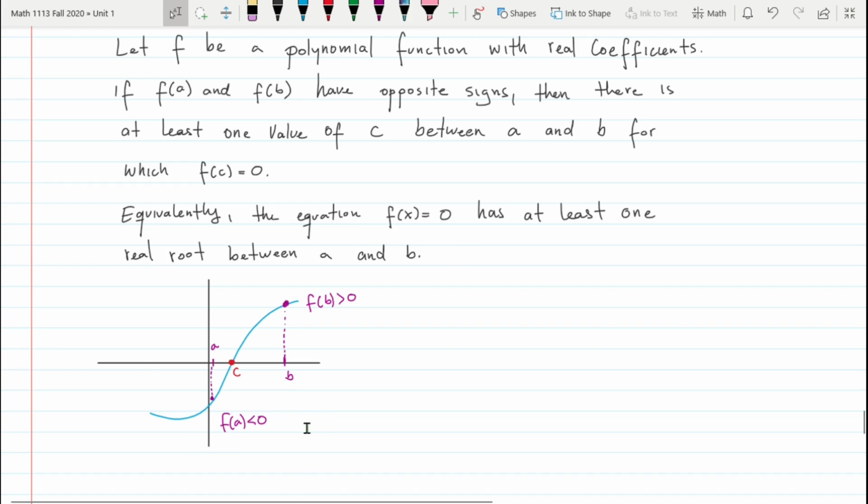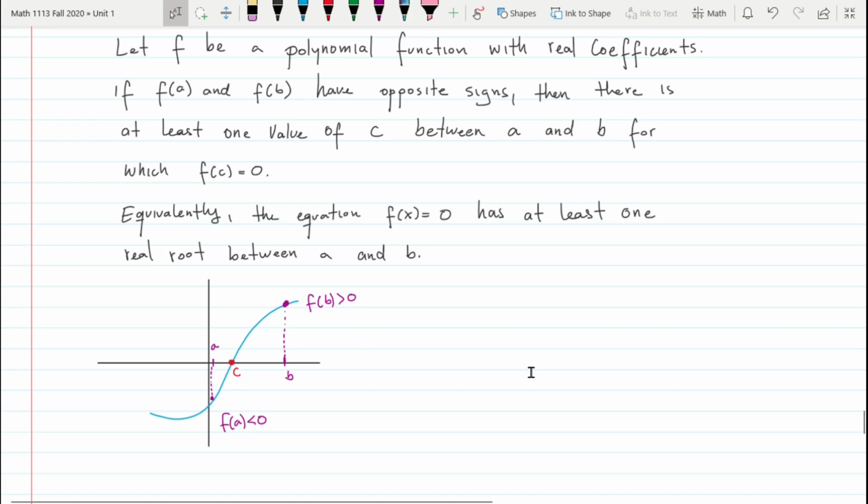Because what if we don't know? So here's A, here's B. If I plug in A and I get a negative number as my answer, and I plug in B and I get a positive answer, then that means that at some point between A and B, I have to cross the x-axis. Okay? And that point right there is C.